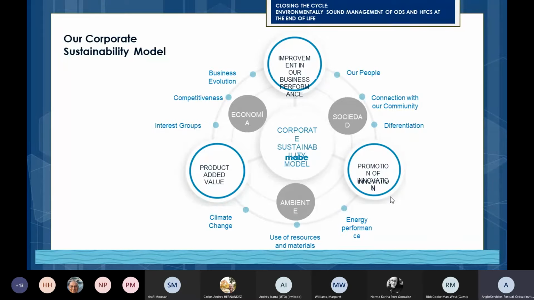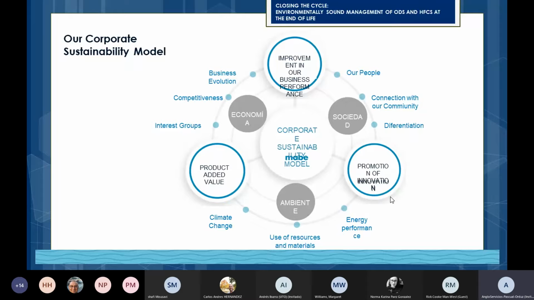Okay, for starters, I'd like to share with you that we at Mavi see sustainability as a roadmap to find balance, a new balance, and we have been consolidating this through the implementation of our corporate model. As you can see on the screen, this is our corporate sustainability model.